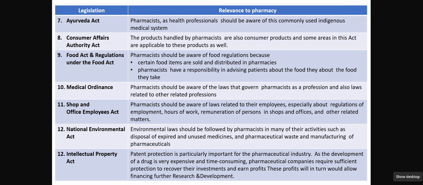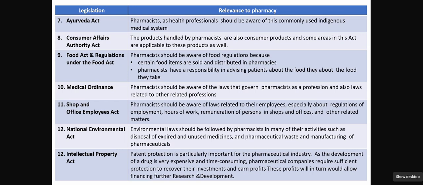Food Act regulation: pharmacists should be aware of food regulation because certain food items are sold and distributed in pharmacies, and pharmacists have a responsibility in advising patients about the food they take. Medical Ordinance: the pharmacist should be aware of this law that governs pharmacists as a profession and also laws related to other professions.